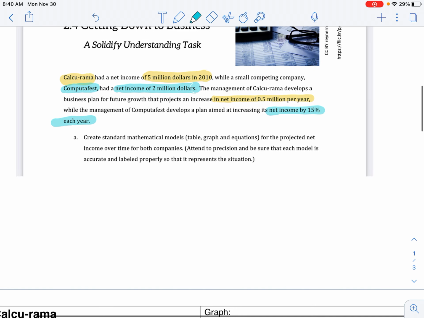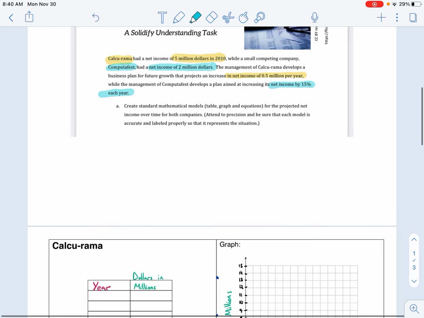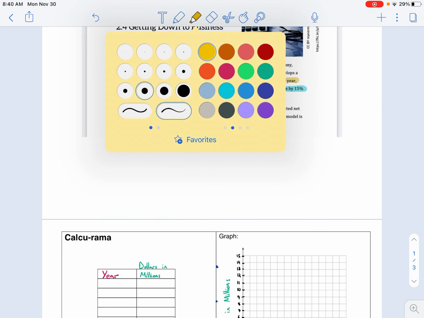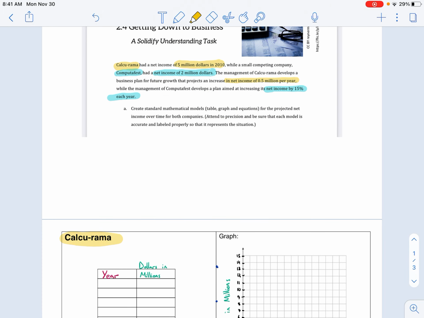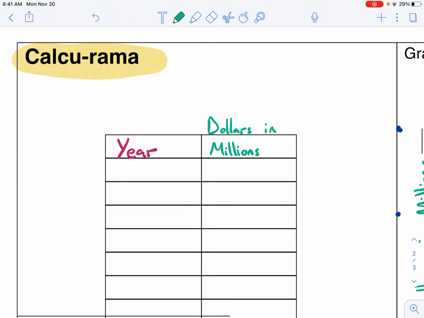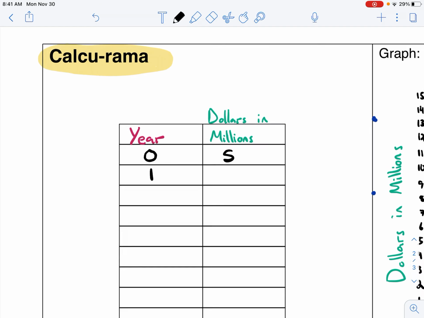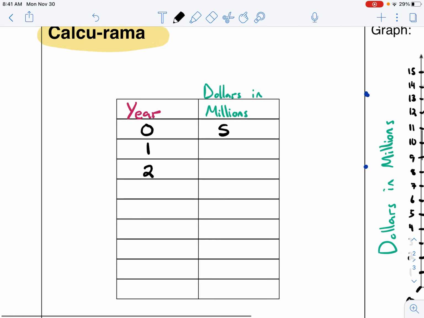Okay, so the first thing we're going to look at is Calcurama. In the beginning, it had 5 million. So in year 0, it had 5 million, that's dollars in millions. And we're going to look at years 1, 2, 3, 4, 5, 6, 7, 8.